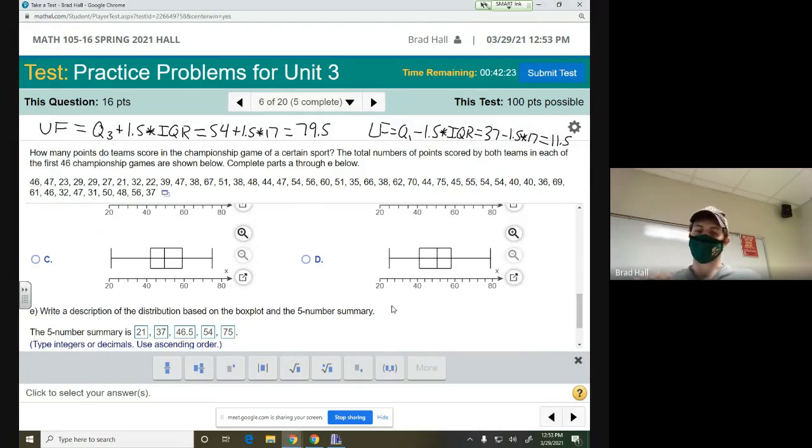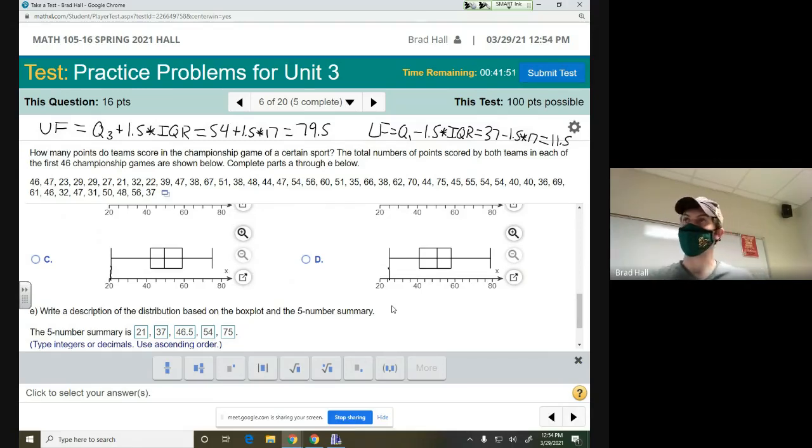So it's better to figure out the 5-number summary first because the box plot is based directly off of this. If anything, what it says is that the furthest part to the left should align with 21. It seems like this has a pretty good alignment with that. This one, I guess it depends on what the step sizes are. It could be maybe by 2s, 2, 4, 6, 8. No, it's not 2s, maybe 4s. 24, 28, 32, 36.